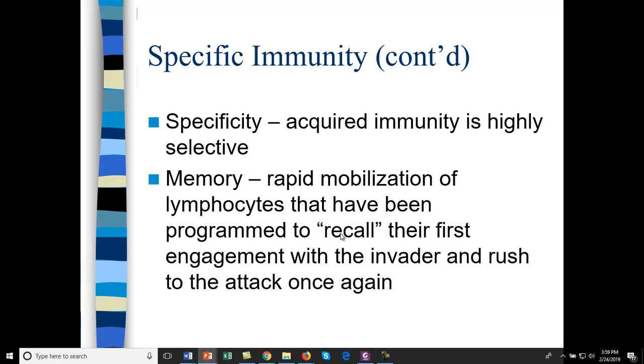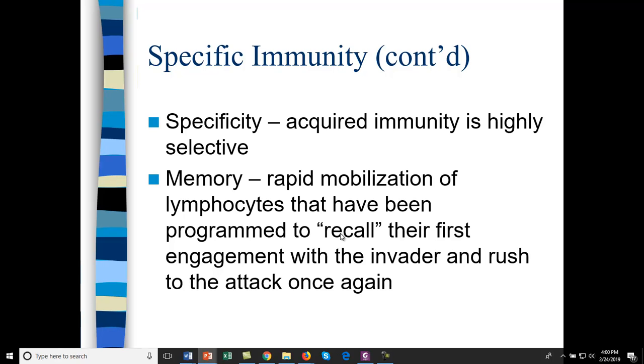Memory means that after you have your initial immune response, over long periods of time, your body will remember through memory T cells and memory B cells, and they'll be able to rapidly mobilize these lymphocytes after they have been previously programmed to recall their first engagement with the invader.